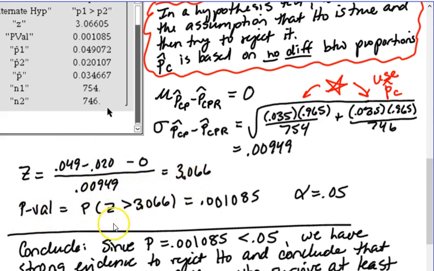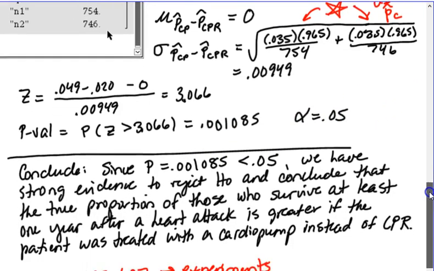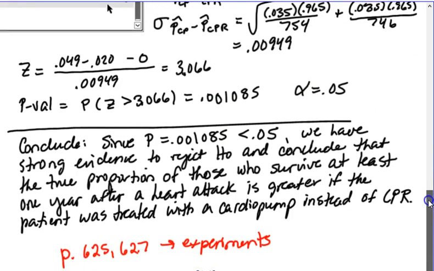And of course, our p-value is the probability of getting a difference that is more than 3.066 standard deviations from the mean, which is obviously a very small probability, because 3 standard deviations from the mean is very unusual. So that's 0.001. At an alpha equals 5% level, or any alpha level for that matter, we can conclude that we have strong evidence to reject the null hypothesis.